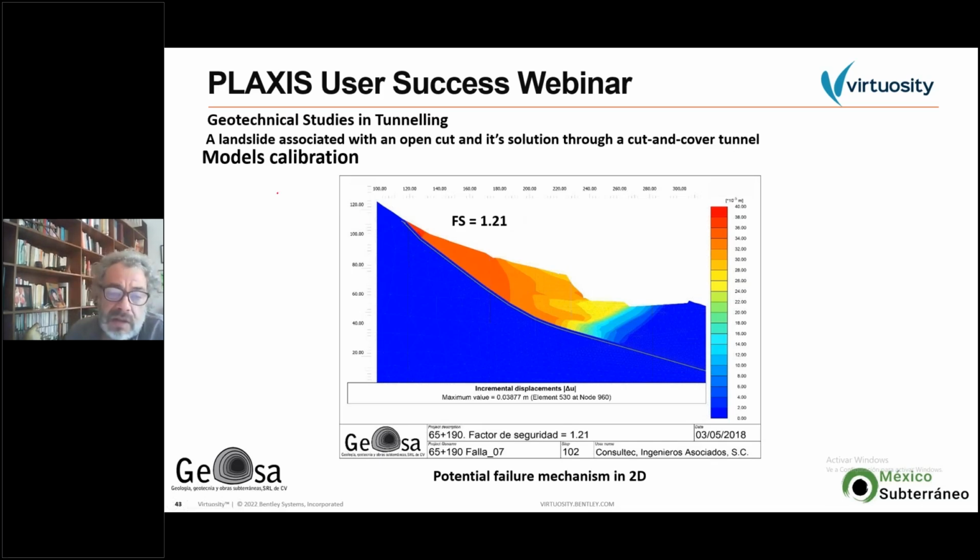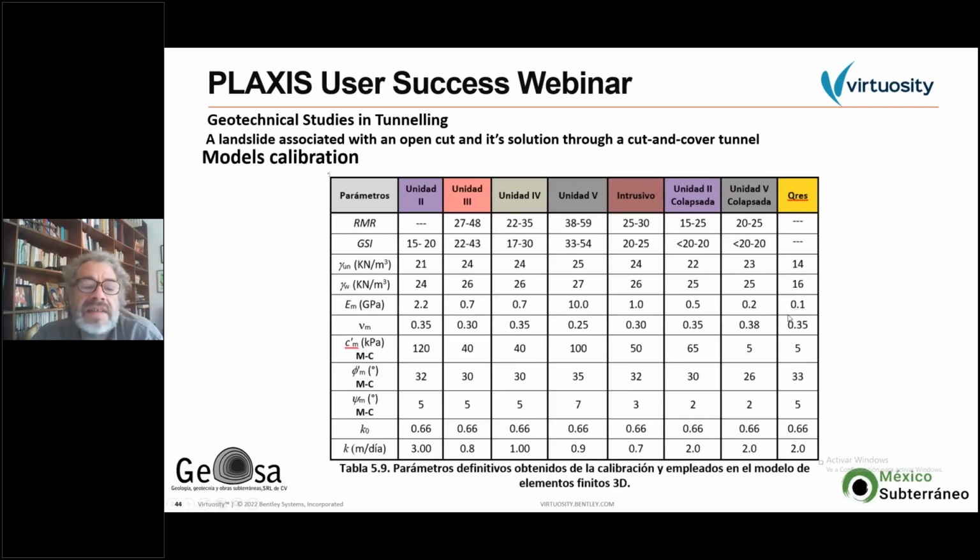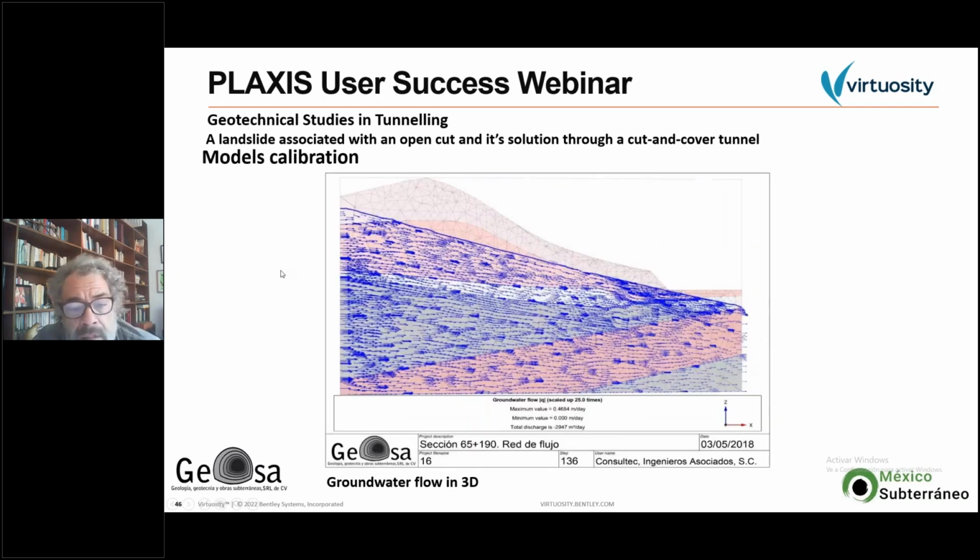This just belongs to some circumstances, but we established that we were in a very precarious equilibrium situation, and of course up to this point we still had to excavate all this in order to put the highway, the road here. So it was a very complicated situation. If you can see it more in detail afterwards, these are the parameters we got after the back analysis. I'm not going to talk about them right now.